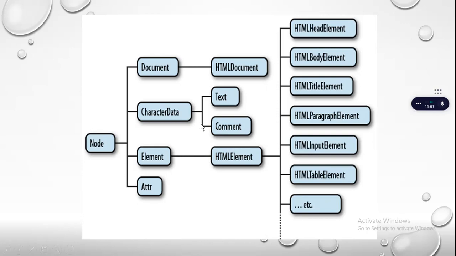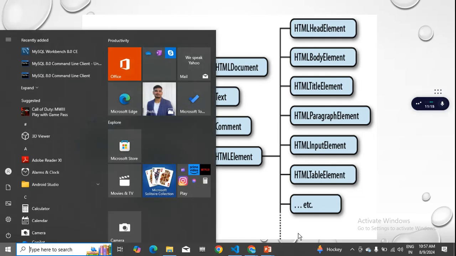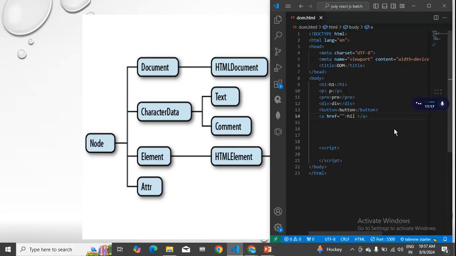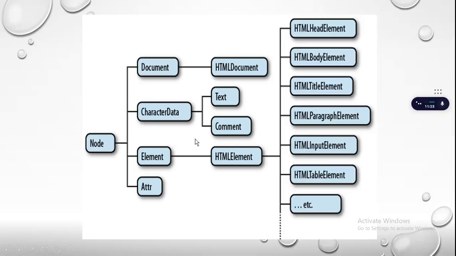Again, if we want to enter data, we can enter it inside the header tag, the body tag, the title tag and the paragraph tag. I have taken all these tags over here. Have I taken them or not? I think you understood this picture. Each and every one of these is a node.